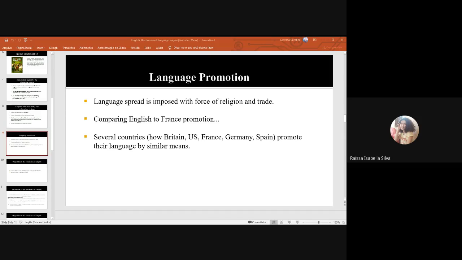Language spread occurs in conjunction with force, and also with religion and trade. The British colonial language policy will be contrasted with the policy of the major competing imperialist power, France, and an assessment of the significance for the contemporary world will be made.